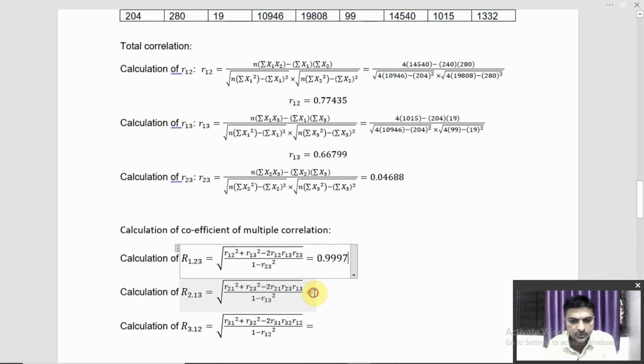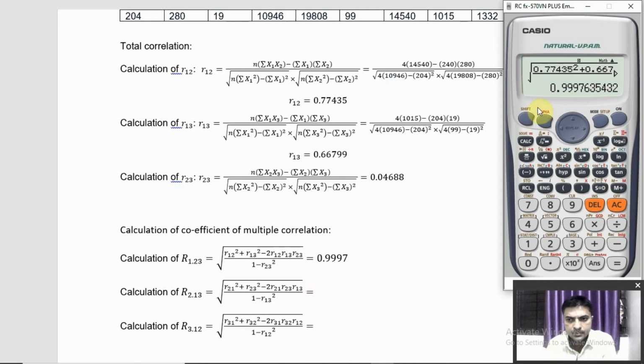Similarly, you try for the next one, students, quickly without wasting time. Yes, type everything in the calculator once again. So I will take R21 square. Now this time I am going to press AC, go to square root, division, R21.